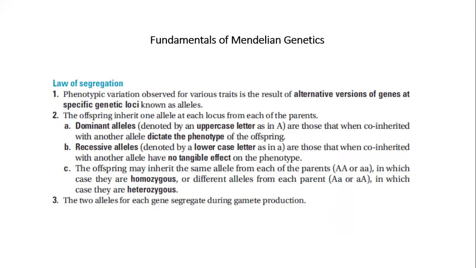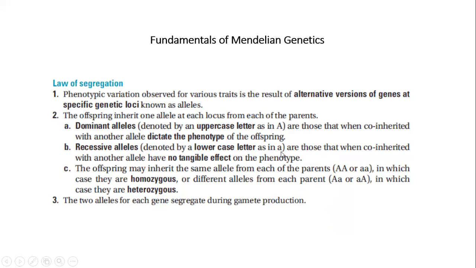Dominant alleles, which are denoted by an uppercase letter, for example capital A, are those that when co-inherited with another allele dictate the phenotype of the offspring. Whereas recessive alleles are those that when co-inherited with another allele have no tangible effect on the phenotype. Recessive alleles are denoted by a lowercase letter, for example this lowercase a here.